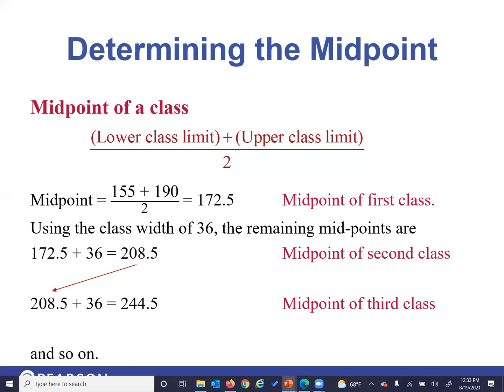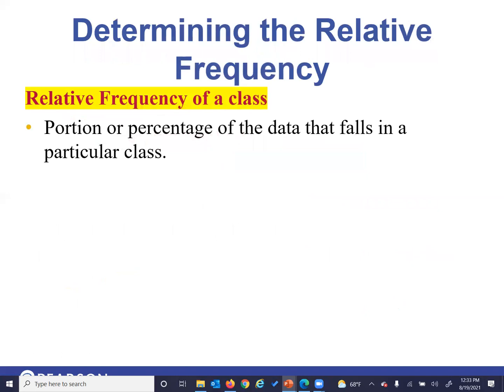So this next one is called relative frequency. So how much does something show up relative to the whole? Or we say how much of a portion is there, or how much of a percentage is there?